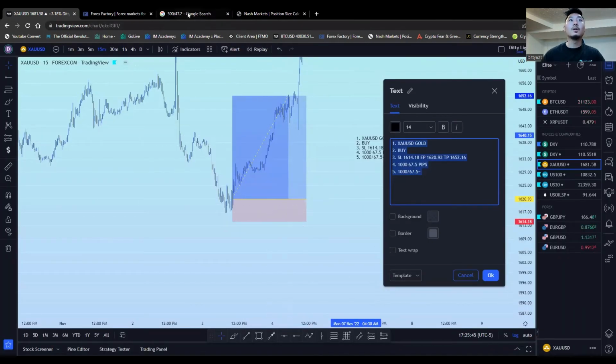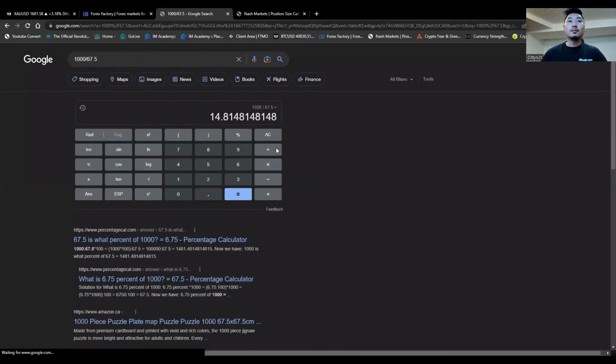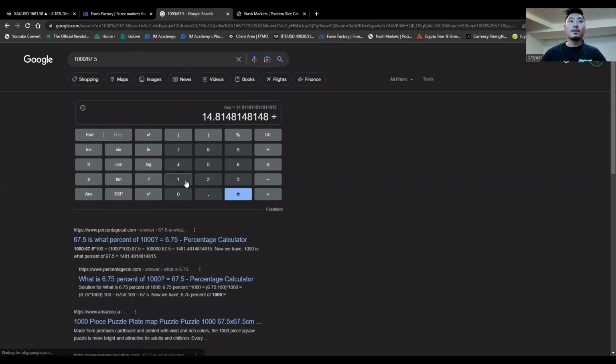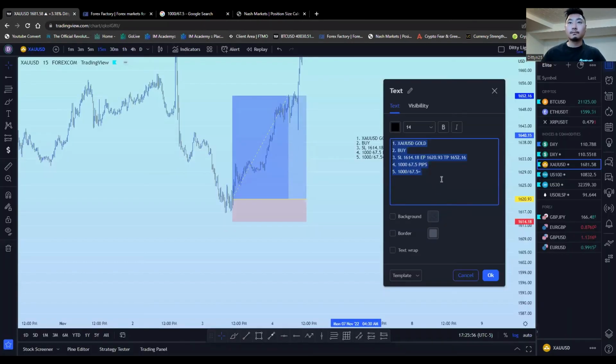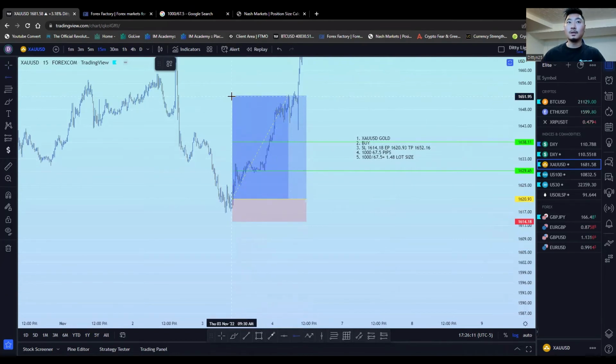There you go. $14.81 that I'm risking per pip, divided by 10, gives 1.48 lot size. So you have everything to take your position, and then you can set TP1, TP2, and then final TP would be here.